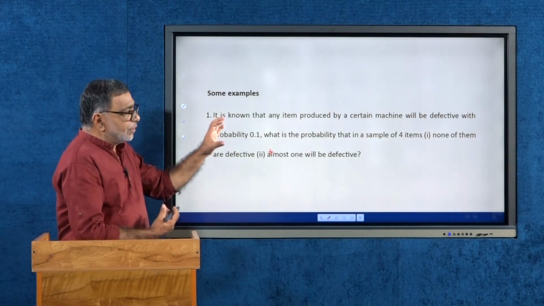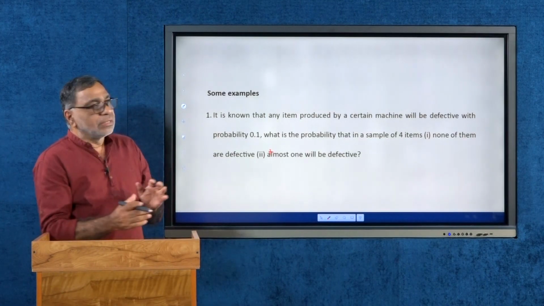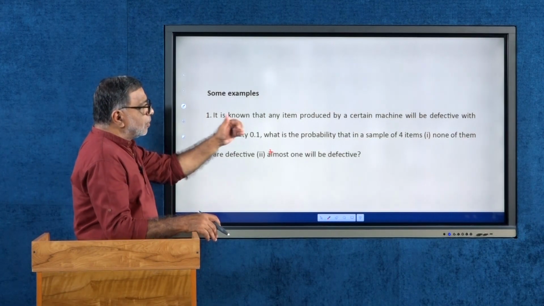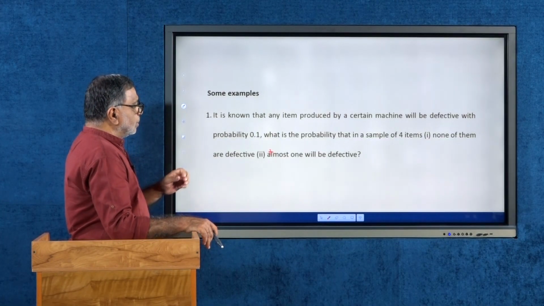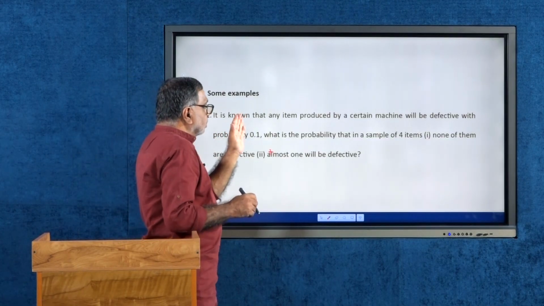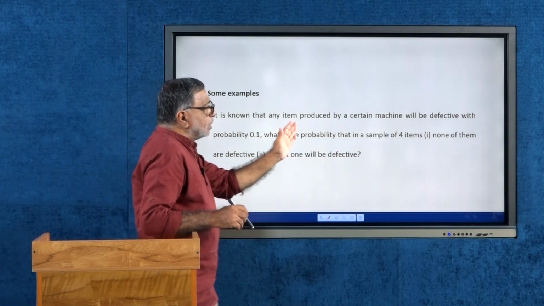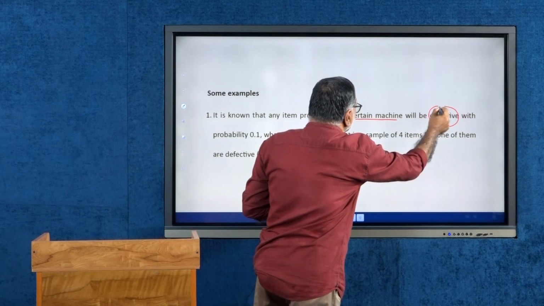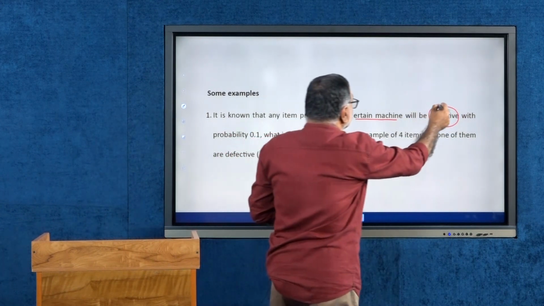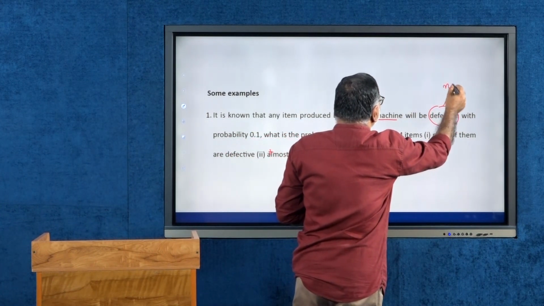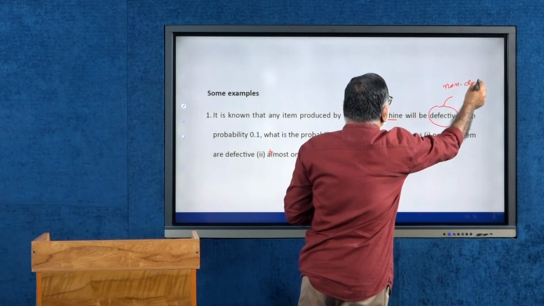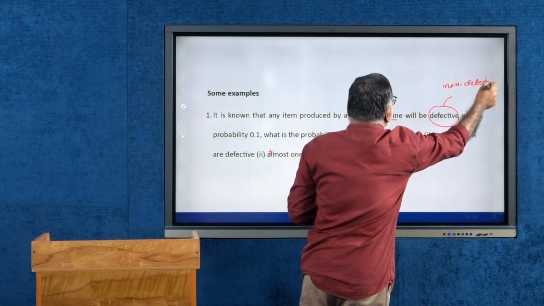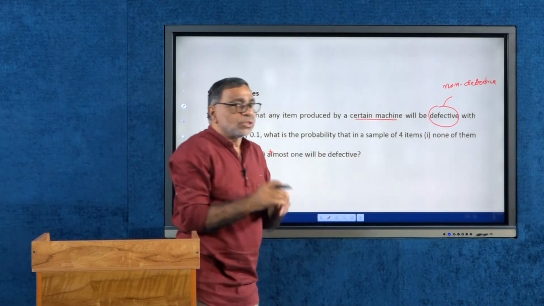This is an example where we apply the binomial probability distribution. Why? Because an item produced by a certain machine will be defective, or else non-defective. So items are classified as defective or non-defective, so there are two events alone.